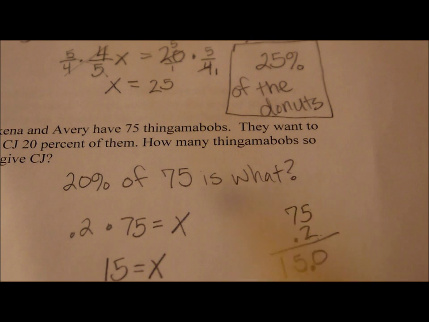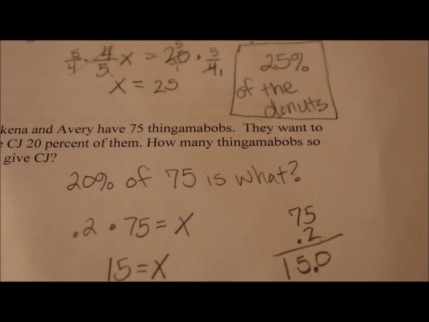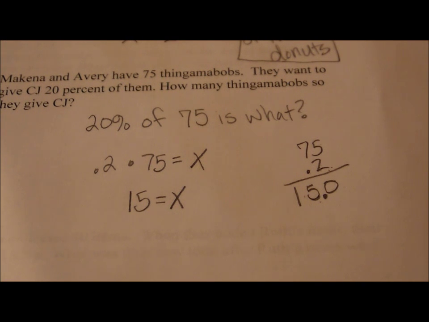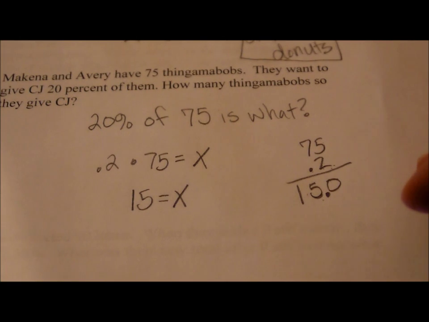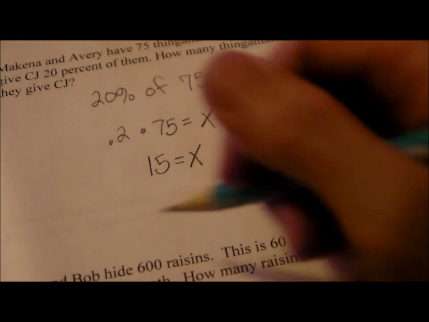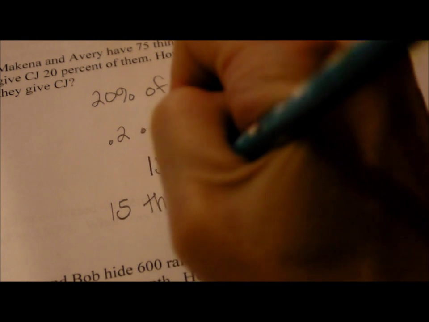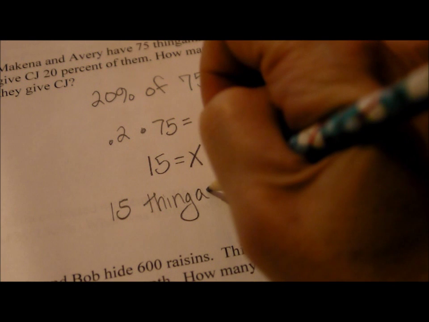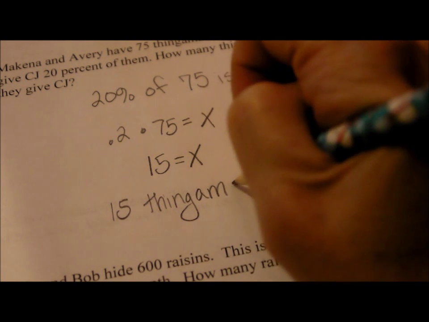So 15 is actually double 7.5. There's a lot of ways to do mental math to decide that, yes, that is a reasonable answer. So 15, now remember we like to label our work. So 15 thingamabobs, and make sure you spell thingamabobs right. I just learned how to spell it tonight. Thingamabobs.